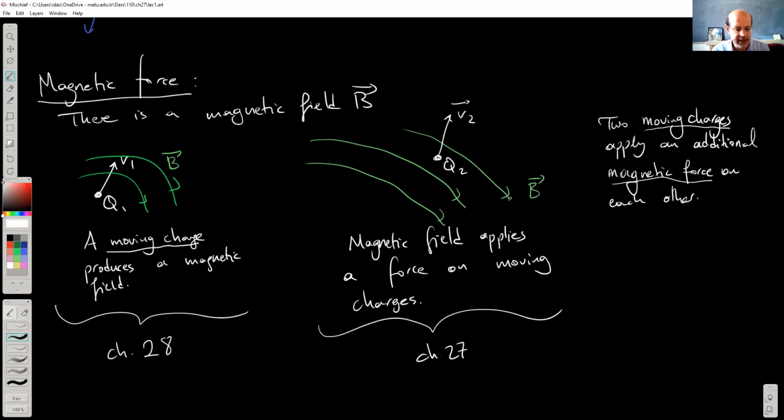So this interaction, when the magnetic field applies a force on the charge, can also be thought of as an action-reaction thing. As a result, the magnetic field somehow changes as well. It gains a momentum in the opposite direction, so Newton's third law is somehow satisfied.